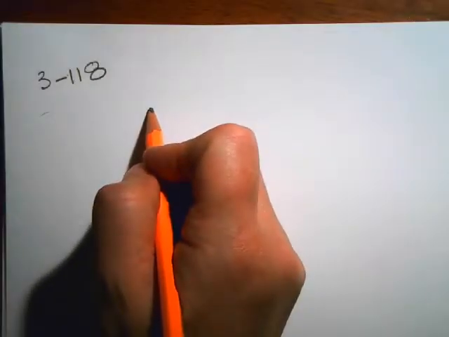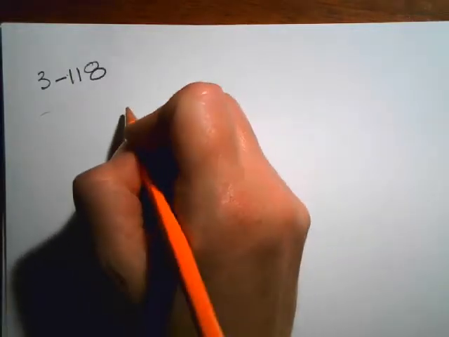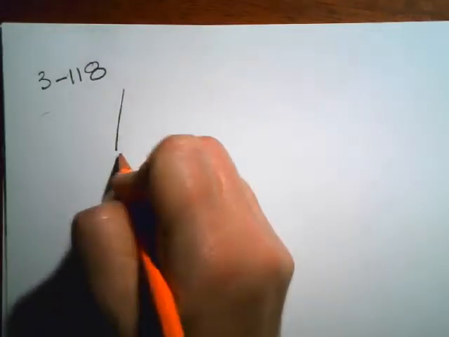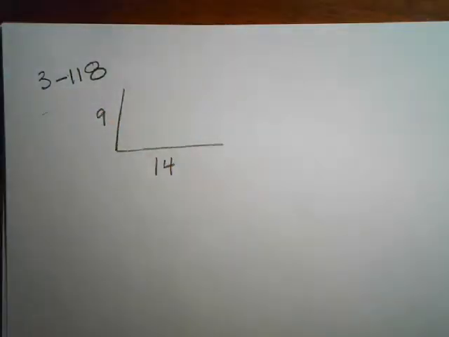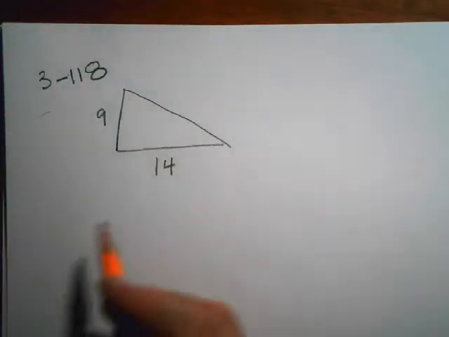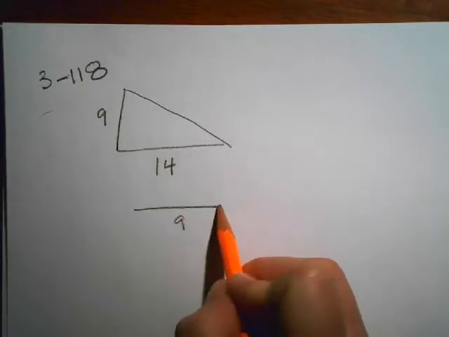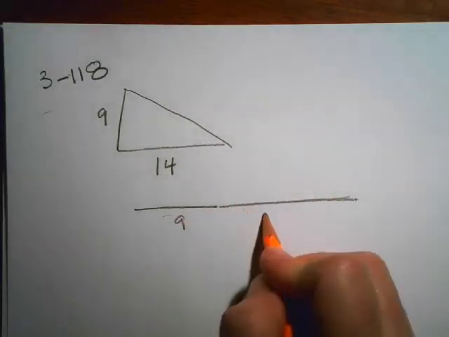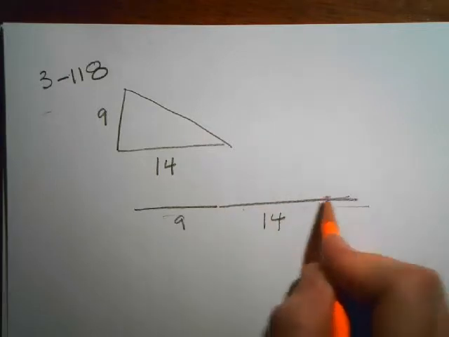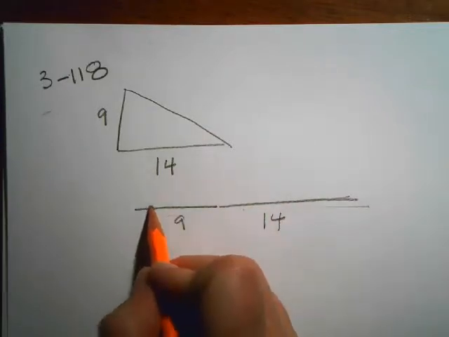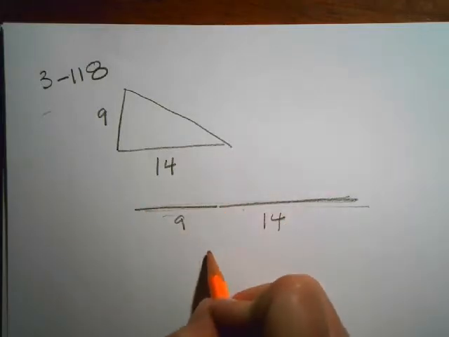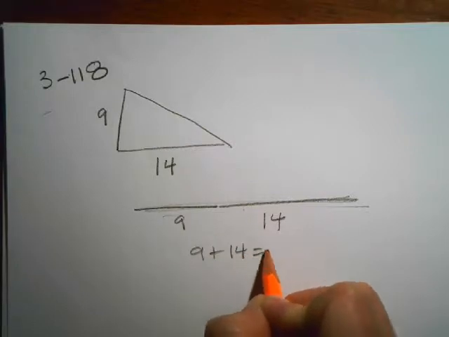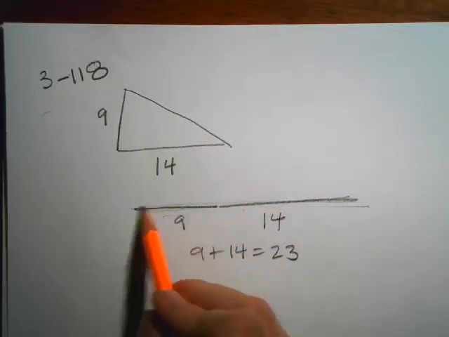Anyway, two sides of a triangle have lengths 9 and 14. Now, I don't know what this triangle looks like. I just know two sides are 9 and 14. So if you think about it, what could the length of that third side be? If you lay those two sides next to each other flat, then the third side could not be 23, 9 plus 14, because then you wouldn't have a triangle.